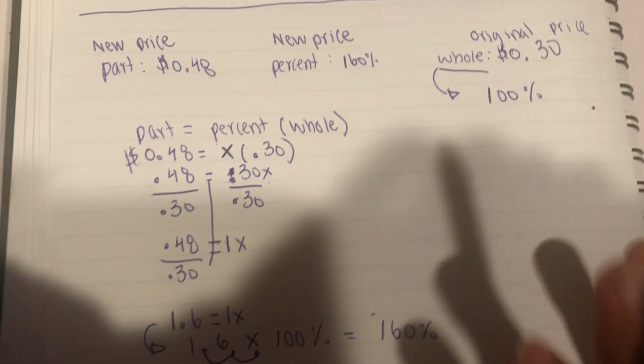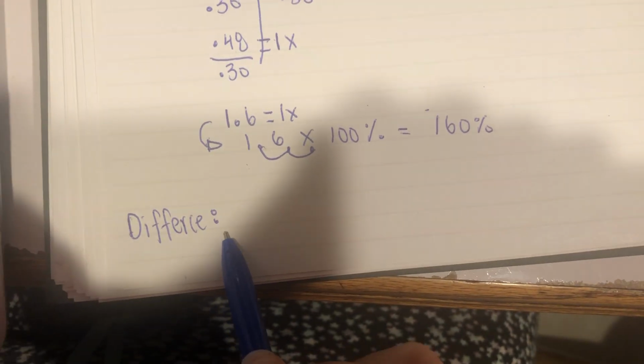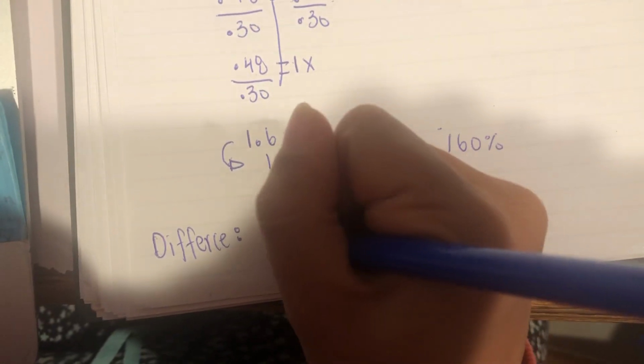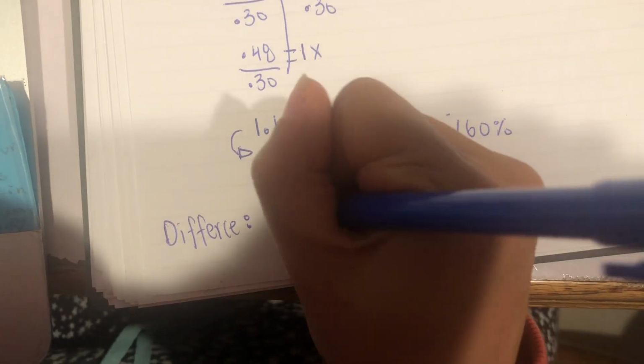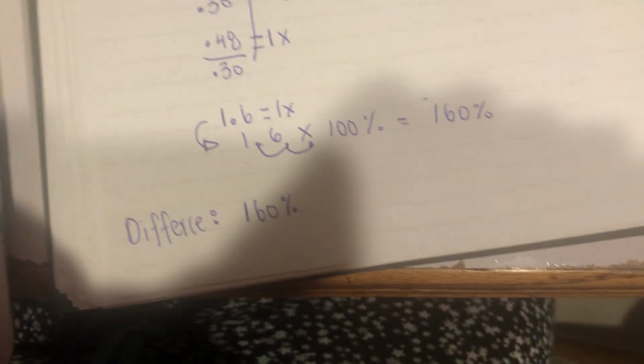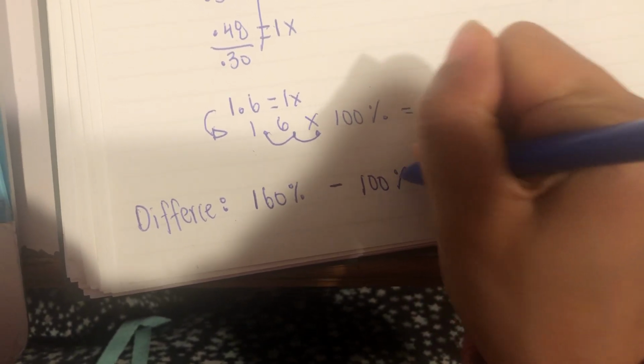So the last thing is, this is the biggest part. If you want to find the markup percentage, you need to find the difference between the new price and the original. So I'm going to do 160% minus 100%.